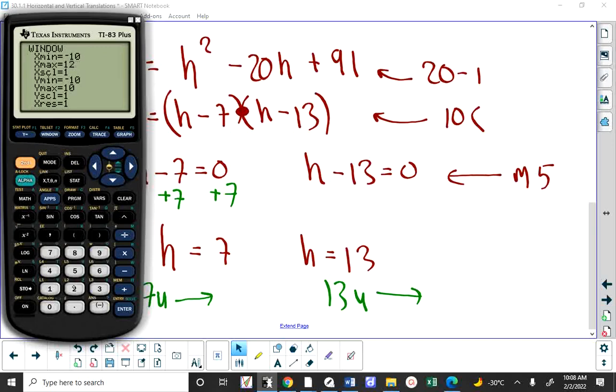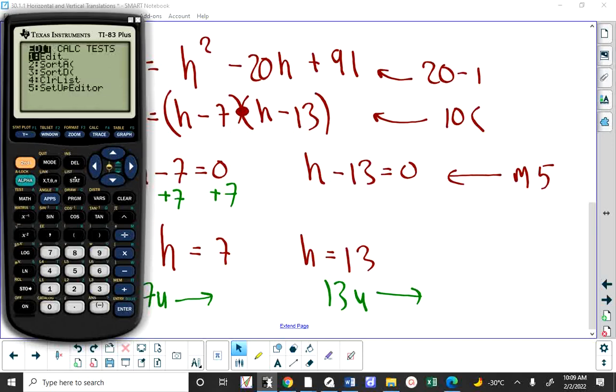You don't have to worry too much about this. I'm also going to plot the point so that you can see it. I'm going to plot the point 10, 9. Don't worry about what I'm doing here. It's not important. I just want you to be able to see the point.